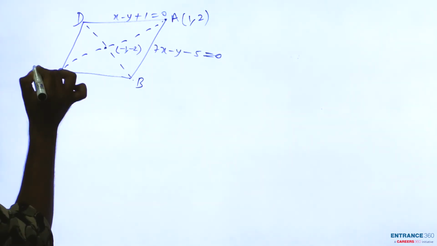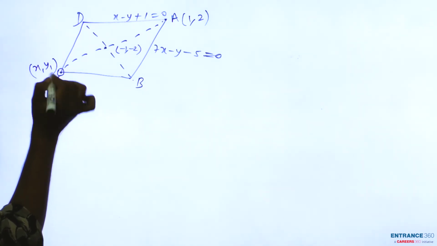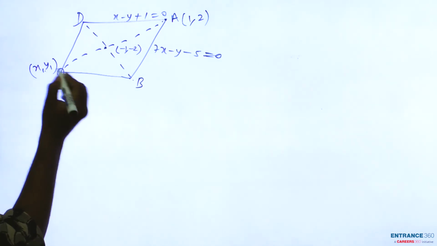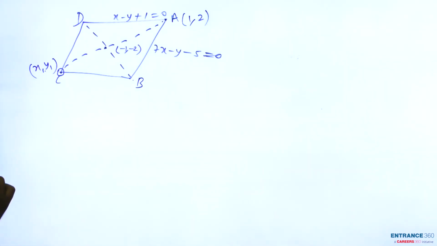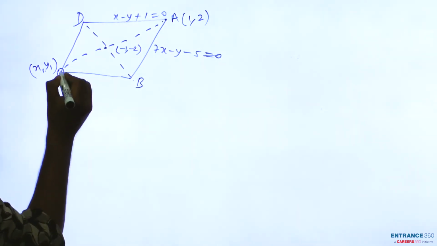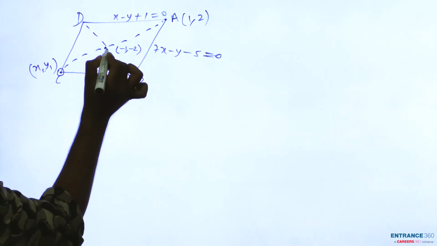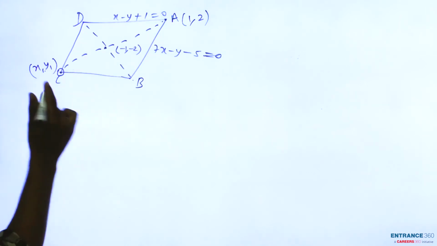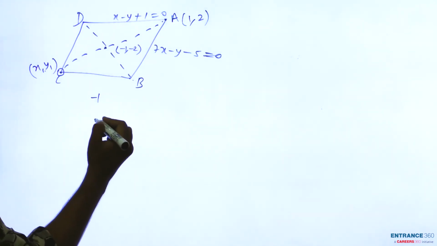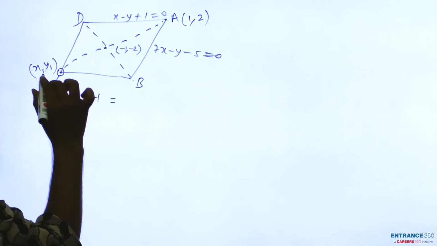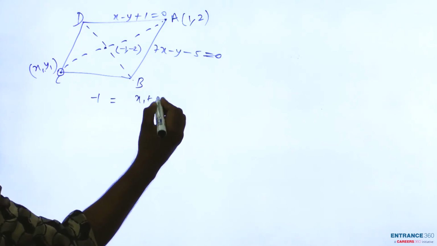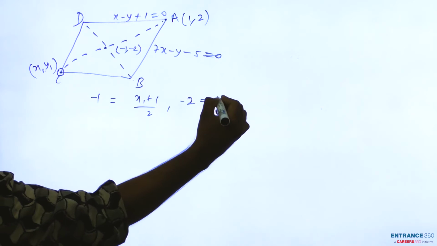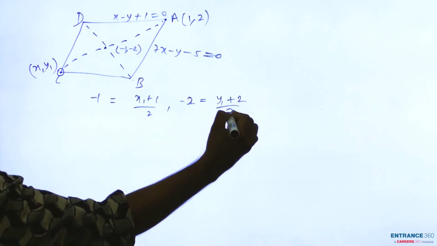Let the vertex C have coordinates (x1, y1). By the midpoint formula, minus 1 equals (x1 plus 1) by 2, and minus 2 equals (y1 plus 2) by 2.